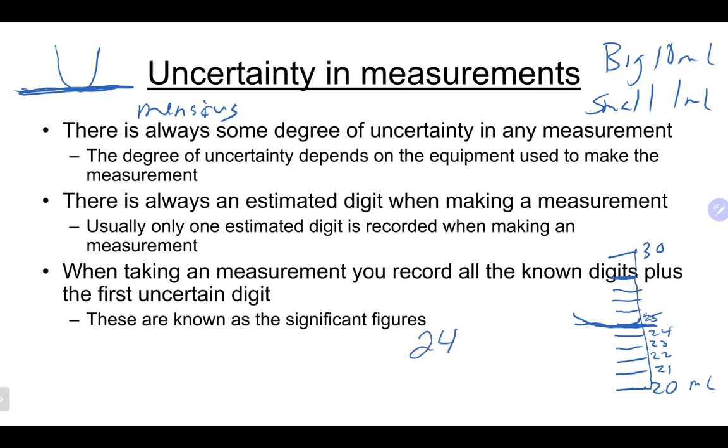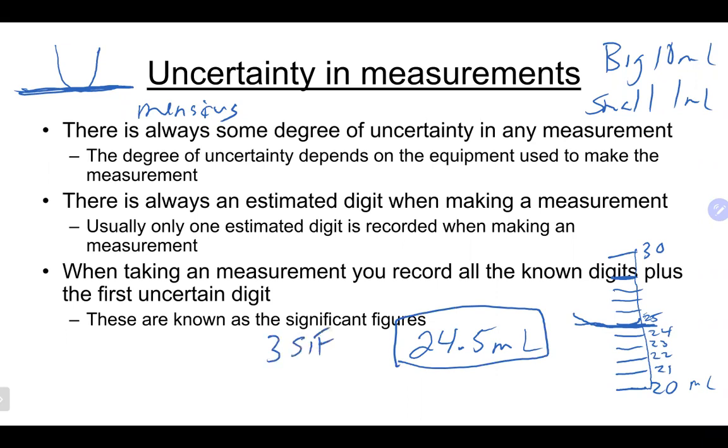Again, here, this is where the estimate has to come in. Maybe I think it's right in the middle between 24 and 25, and I would record 24.5, with the 2 and the 4 being my certain numbers, the 5 being my uncertain number, or my first uncertain number. This would have how many sig figs? It would also have 3 sig figs in this case.